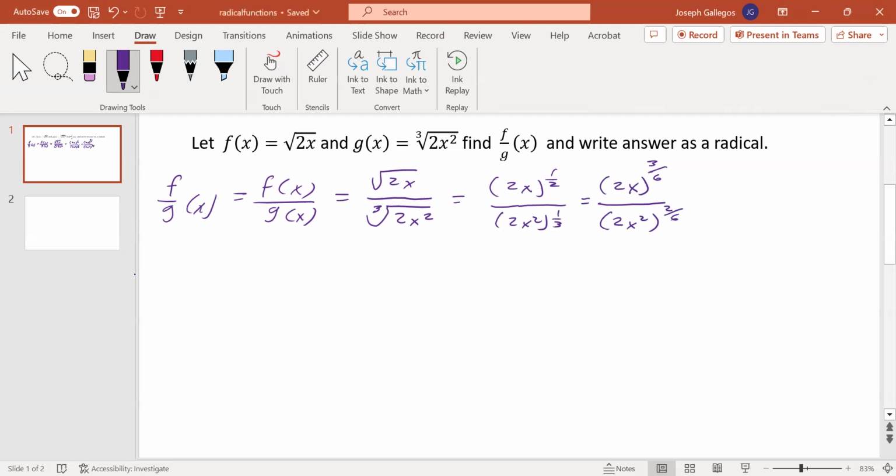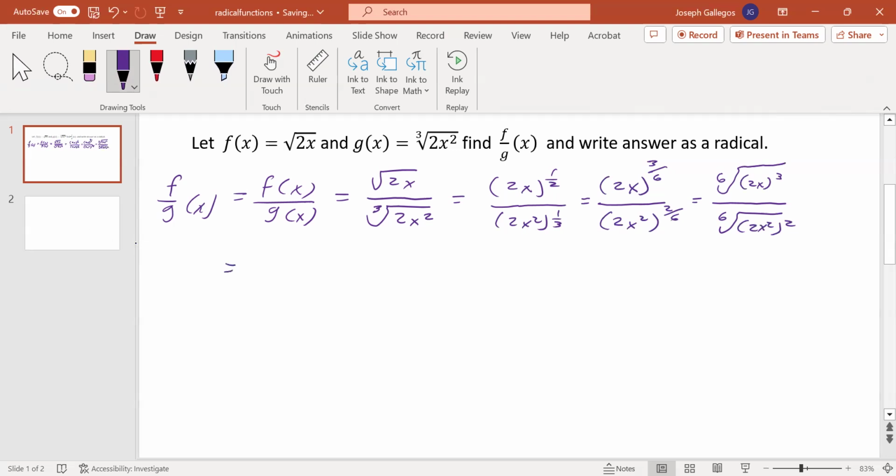And now we have the following. We can write them back in radical notation: we're taking the 6th root of quantity 2x cubed, and this is all divided by the 6th root of quantity 2x squared. And now let's simplify that expression.